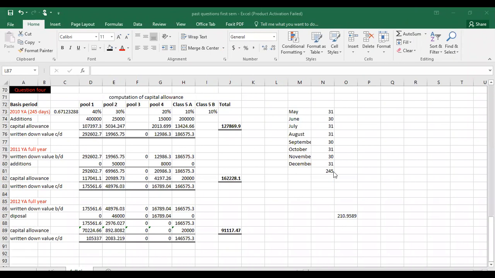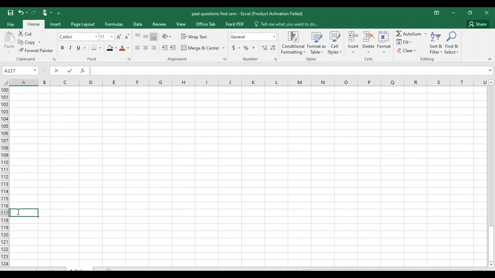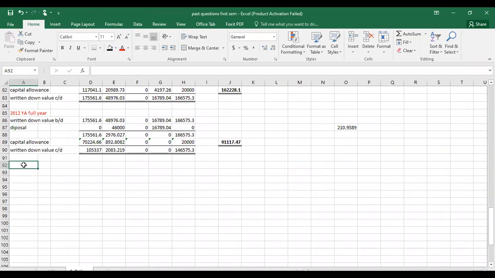So the questions I should find for 2010, 2011, and 2012, which I did. Now I'm going to do that of the 2013 year of assessment, and that one too is a full year calculation.